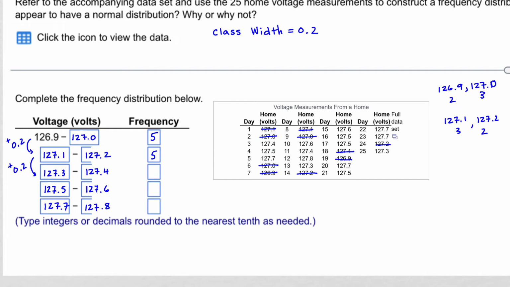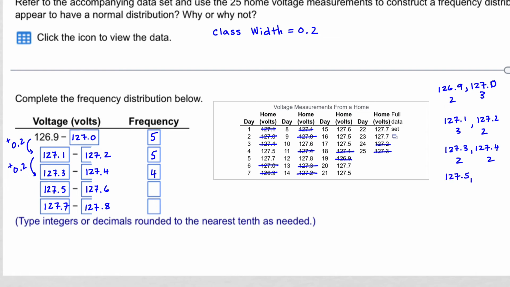And then 127.3 and 127.4. 1, 2. That was for the 0.4. Let's take a look at 0.3. 1, 2. All right, so there's 4 for that group.